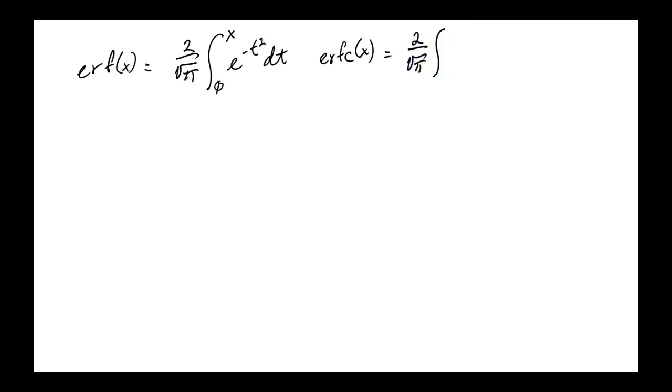The integral starts looking the same, except this goes from x to positive infinity. An indefinite integral at best, e to the minus t squared dt. The rest of it looks just the same. Okay? That's your complementary error function. Sorry about this.